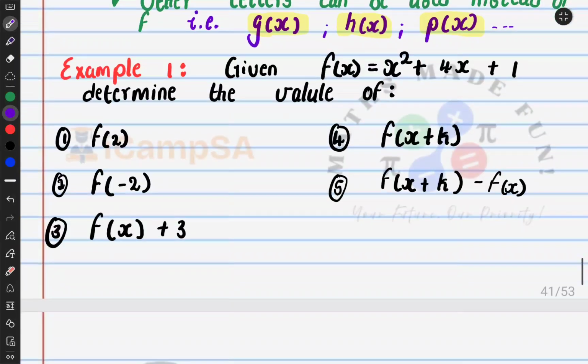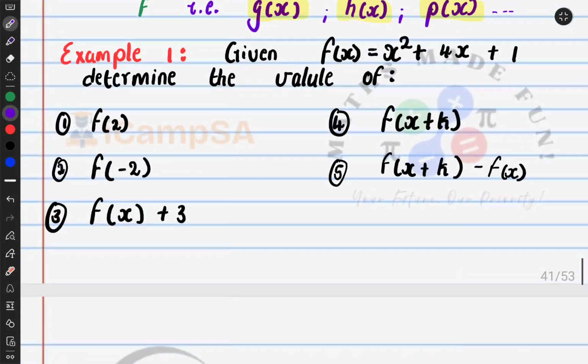So let's quickly do this example to drive this point home. For example number 1, we are given the function f of x is equal to x squared plus 4x plus 1. As you can see with the x squared there, this is a quadratic function. We're asked to determine the value of the function at 2.